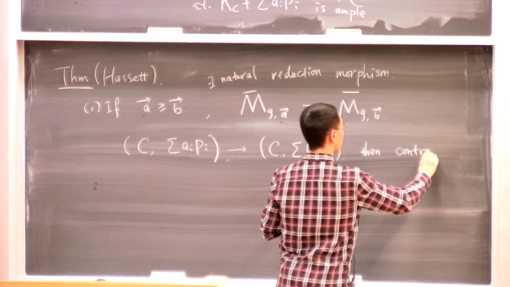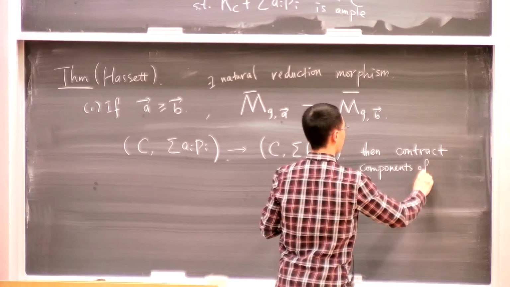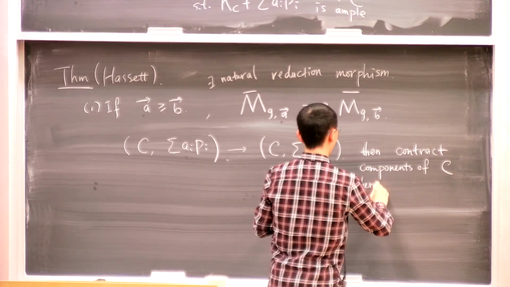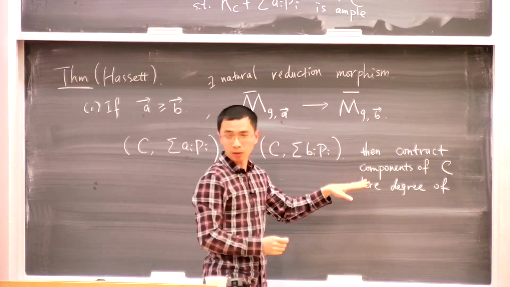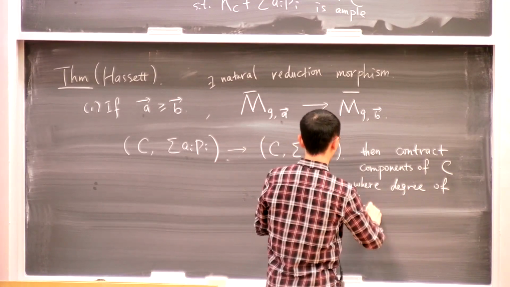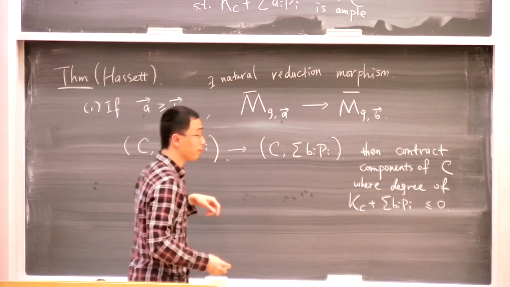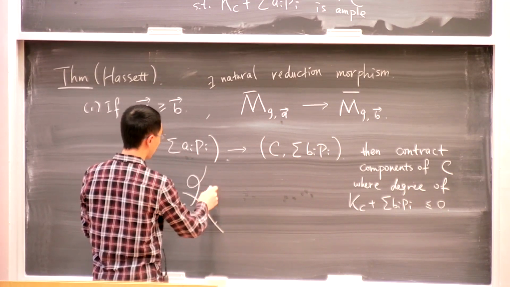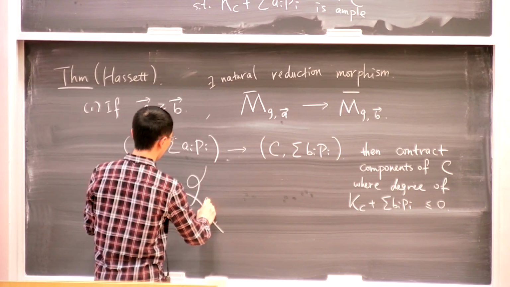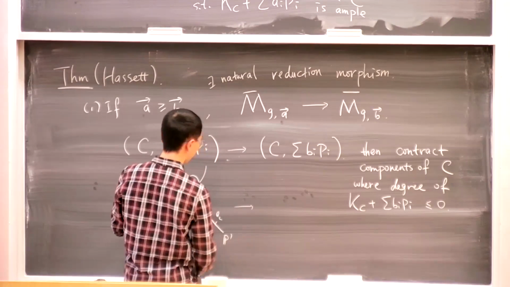And then contract the components of C where the degree of this log canonical divisor becomes non-positive. Can people see it here? So for instance, if your C is like this and you have these two marked points, initially the weights are A1 and A2, and let's say this is a P1 here.